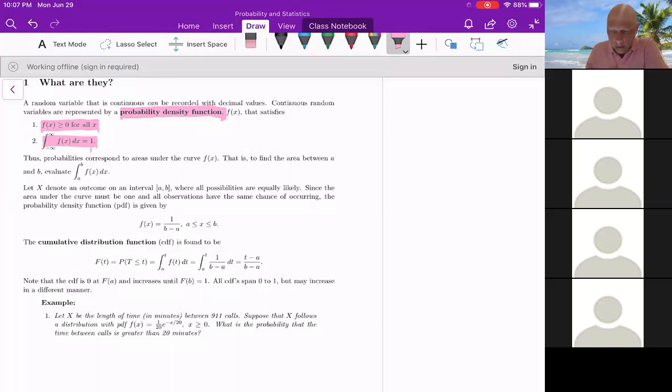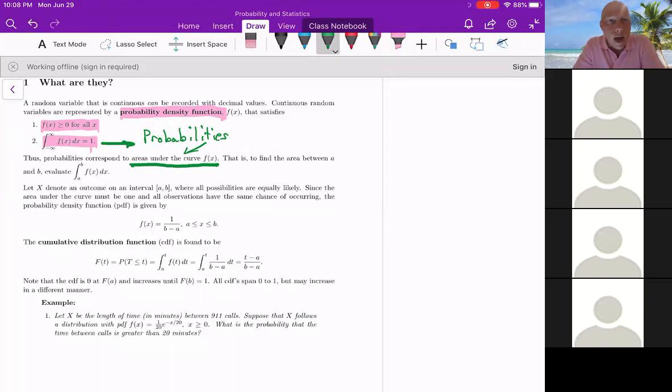So this is also implying that probabilities, and I see that I wrote it here, are areas under the curve. And so you're not adding something, you're looking at the area in a region underneath the curve. Those are your probabilities. And the total area under the curve must be 1 in order for it to be a valid PDF. So it's important to keep in mind as we progress.